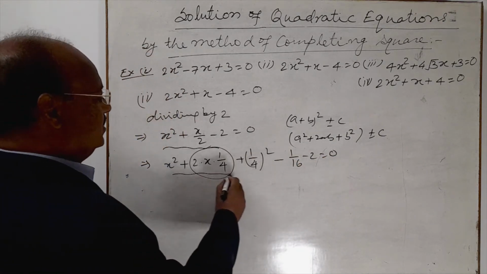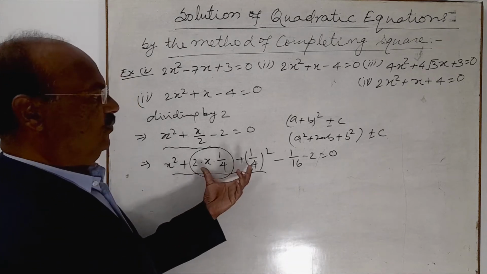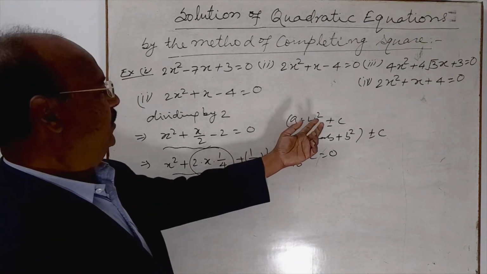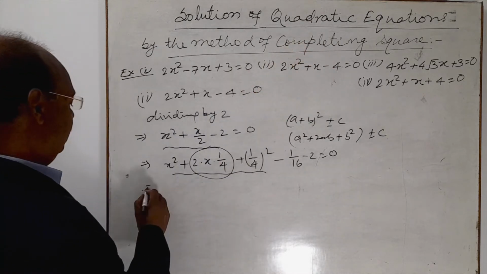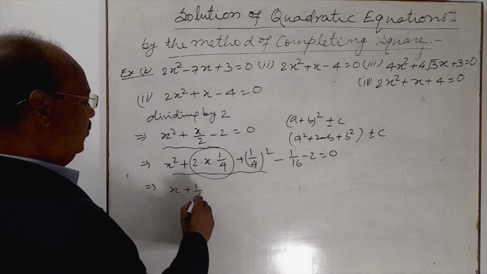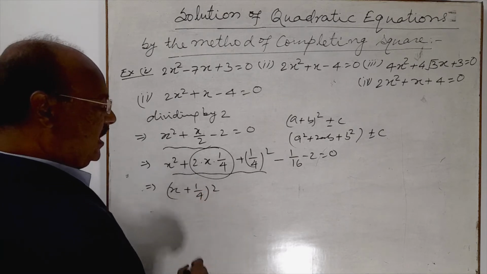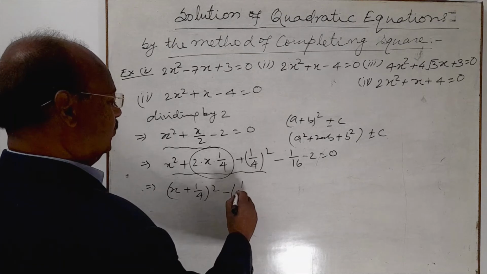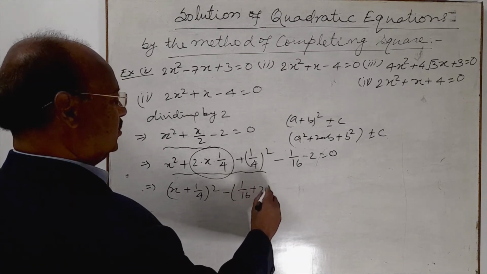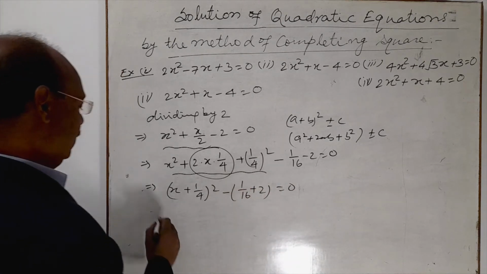So by writing this in this way, we are getting it in the form of a plus b whole square, means we are completing the square. So this is x plus 1 by 4 whole square, and this much, let us take minus common. So 1 by 16 plus 2 is equal to 0. Correct?